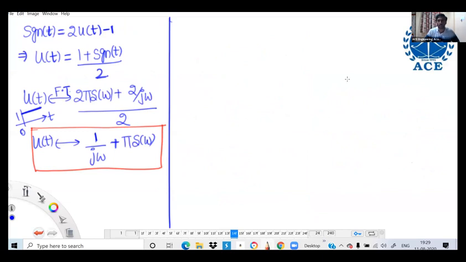Now let us try one simple example. What is the inverse Fourier transform of u(ω)? u(t) becoming u(ω) means application of which property?